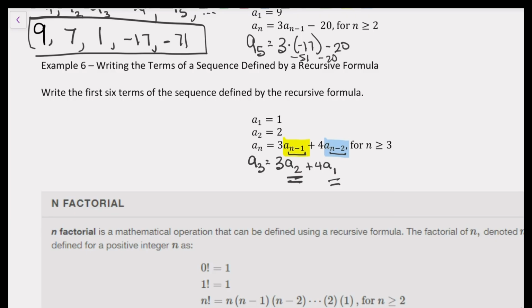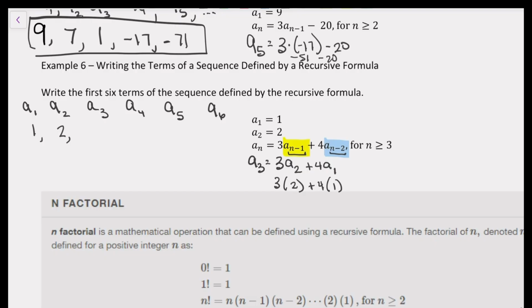So we would do, for the first 6 terms, first term is a 1, second term is a 2. Third term is going to be 3 times the previous term plus 4 times the one before that.